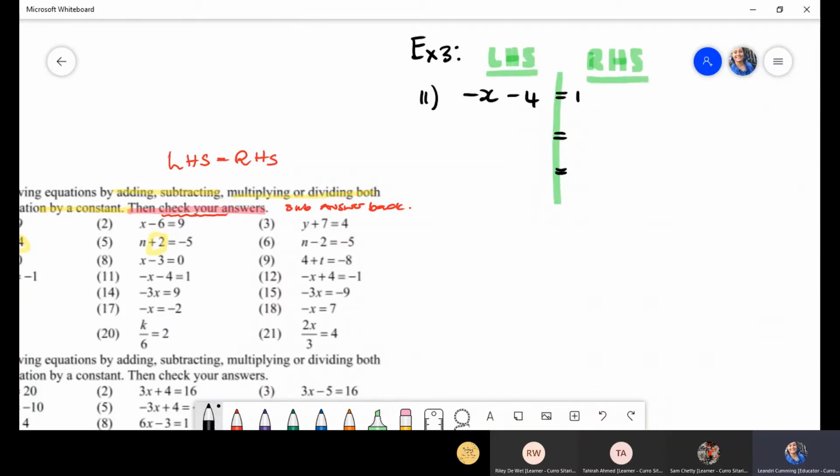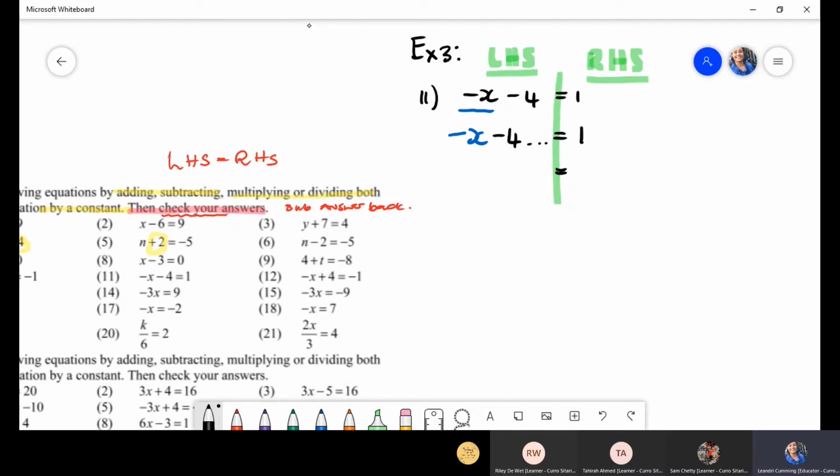Either way, please understand that this minus x remains minus x. It does not change. The minus x is a fixed coefficient of minus 1. What's the coefficient of x here? It's minus 1. Now that minus 1 we need to treat with care. So I leave my minus 1. There's a minus 4. I leave a little gap.